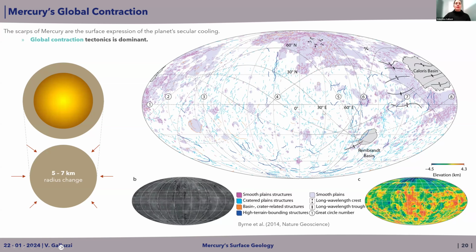And so in Byrne et al., they estimate a 5 to 7 kilometers radius change of the planet because of the shrinking, just by measuring the scarp length and relating it to the possible displacement that the scarp may have recorded.